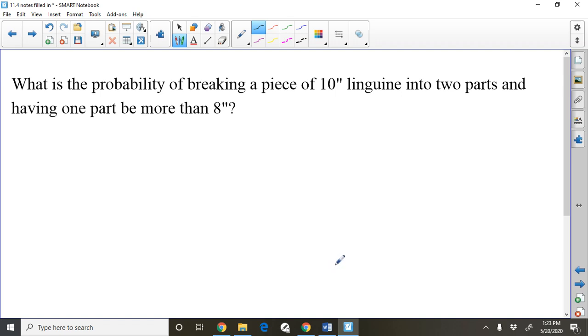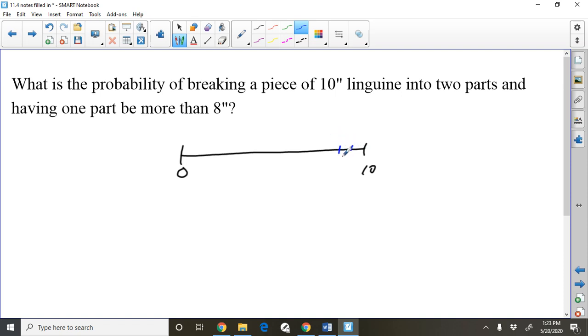For example, it says, what is the probability of breaking a piece of 10-inch linguine into 2 parts and having one part be more than 8 inches? So my linguine is 10 inches long, goes from 0 to 10. We can think of that like a number line or like a length. And I want the probability of one part to be more than 8 inches. So if I want one part to be more than 8 inches, I need to cut close to the ends.